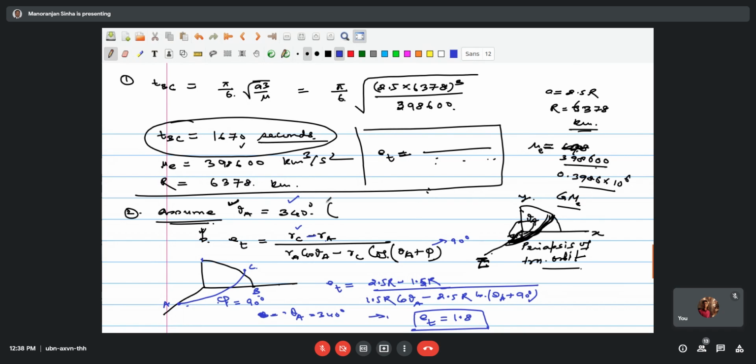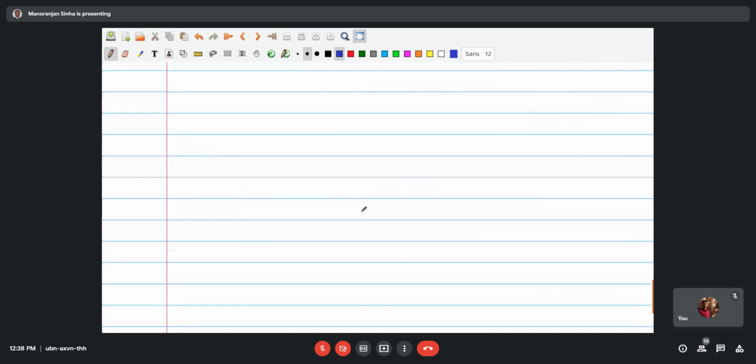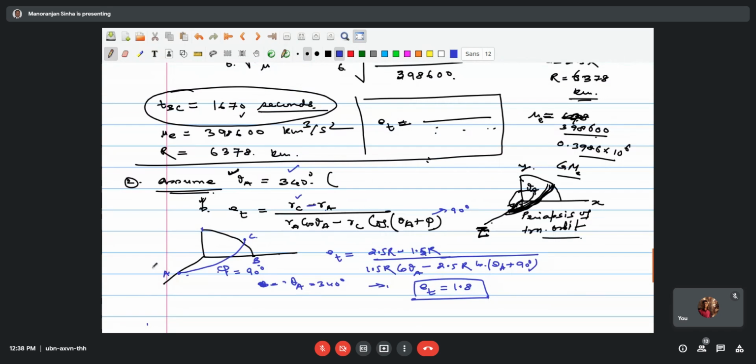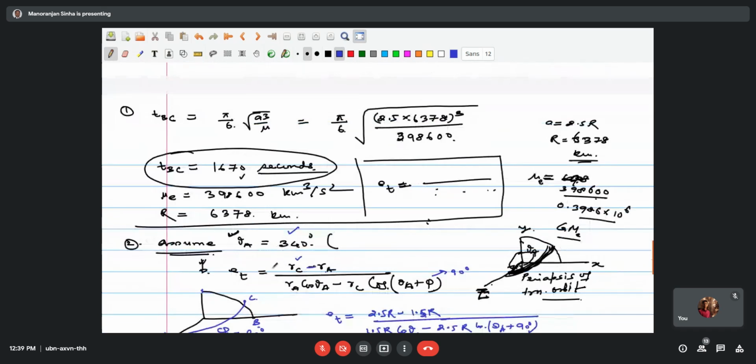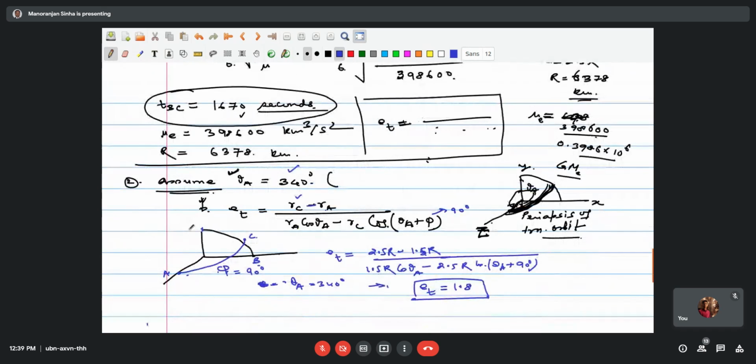Now for this ET value, we have to use Kepler's equation and find out how much time it's going to take from A to C, just to compute TBC. Assume theta A and then compute. This is the third step.